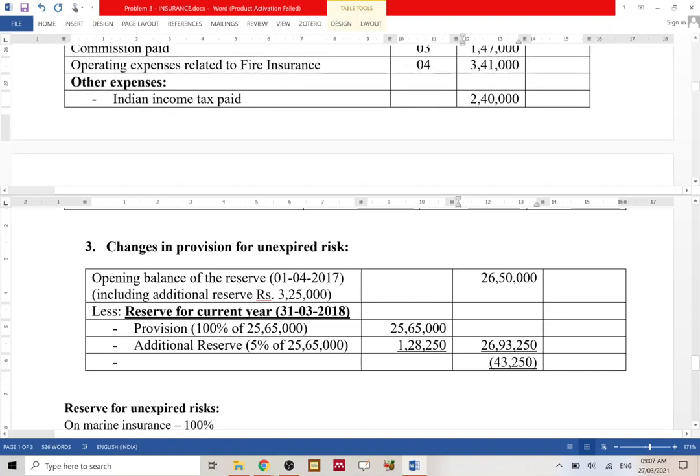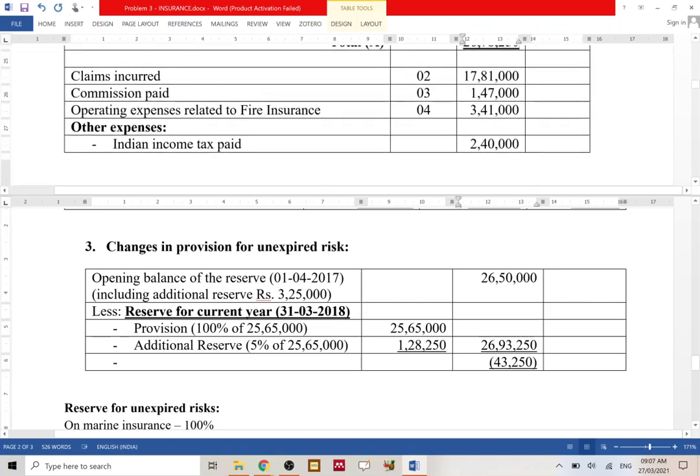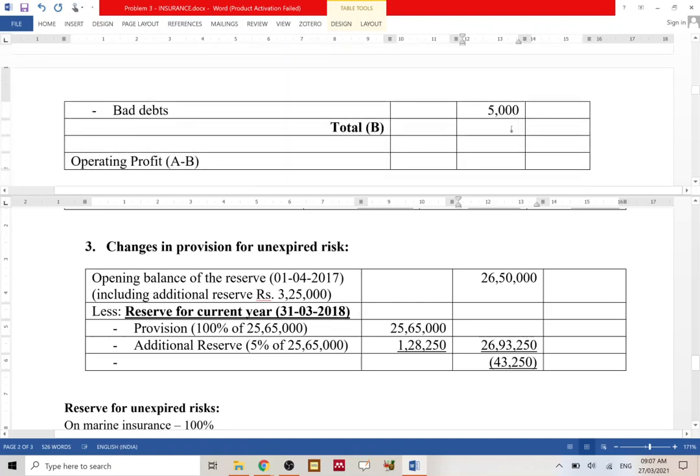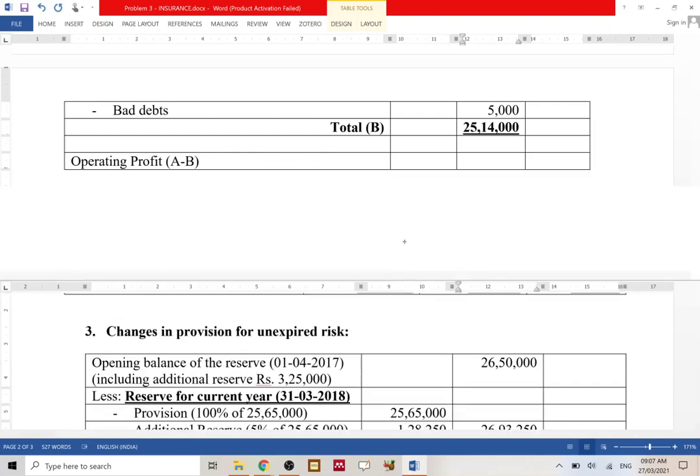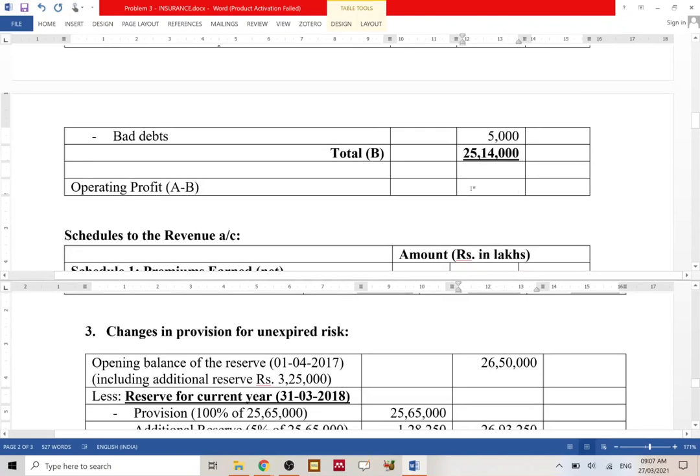Then you have other expenses like income tax, 2,40,000 and 5,000. So this total is 25,14,000. Done. So this is your income total, and this minus the expense total will give you the operating profit of 1,64,250. This is clear?